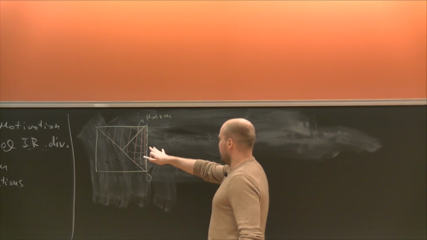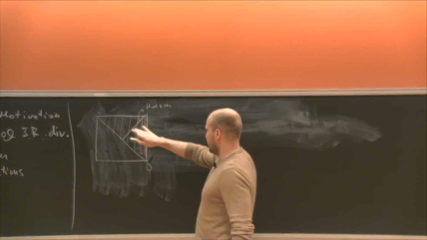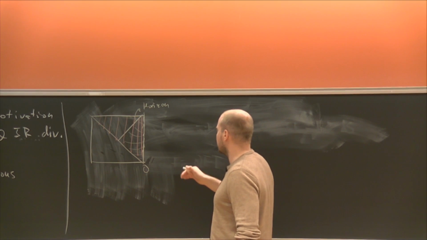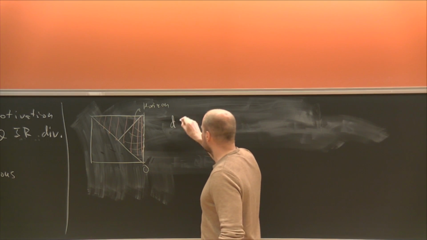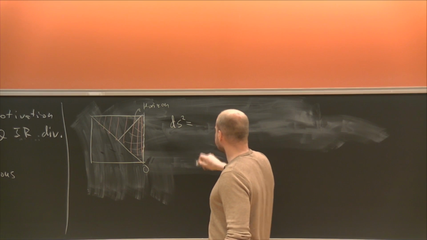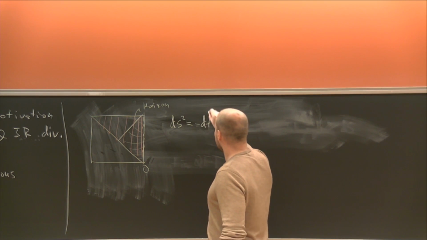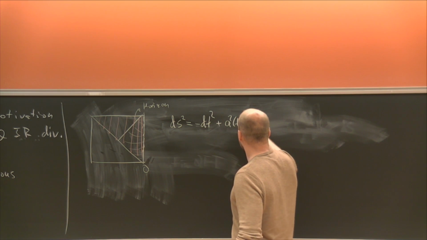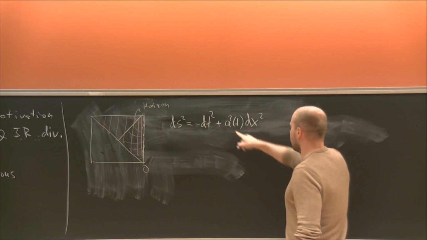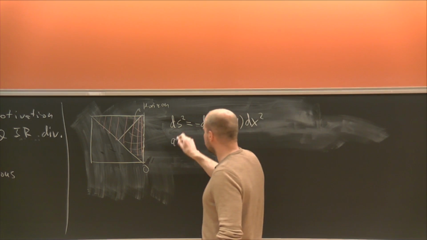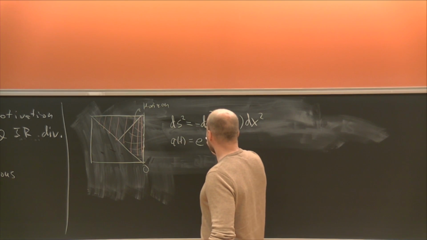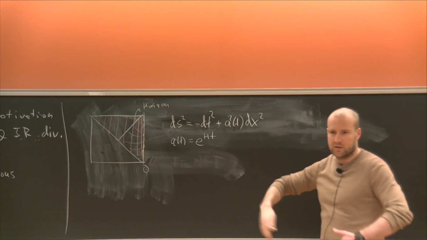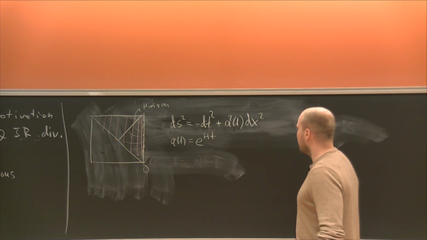I will mostly be using FRW coordinates for this Poincare patch. That's when we write the metric in the following form. And this scale factor goes like e to the Ht, where H is the Hubble constant. That's the parameter of the expansion of de Sitter space.